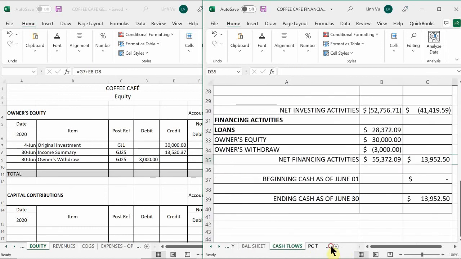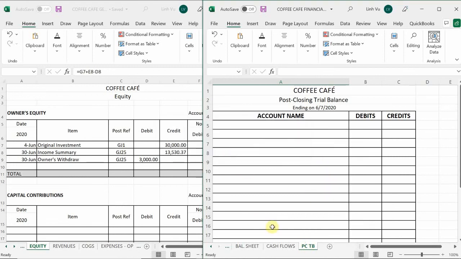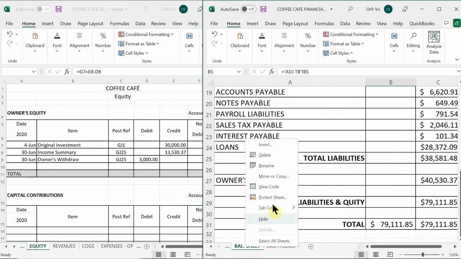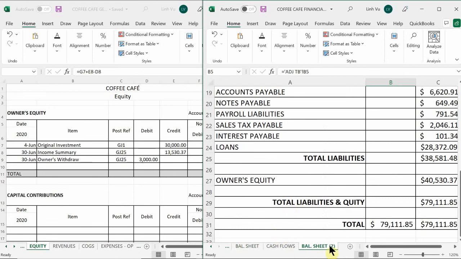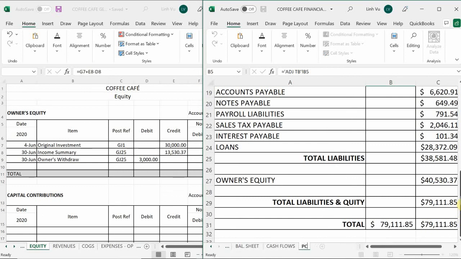So what I'm going to do here is I'm going to reformat my balance sheet, okay? So I deleted my post-closing trial balance, and I'm going to make a copy, right? Make copy. I'm going to put it right here, okay? So there it is, balance sheet number 2, but I'm going to change that and make it say post-closing trial balance, okay?